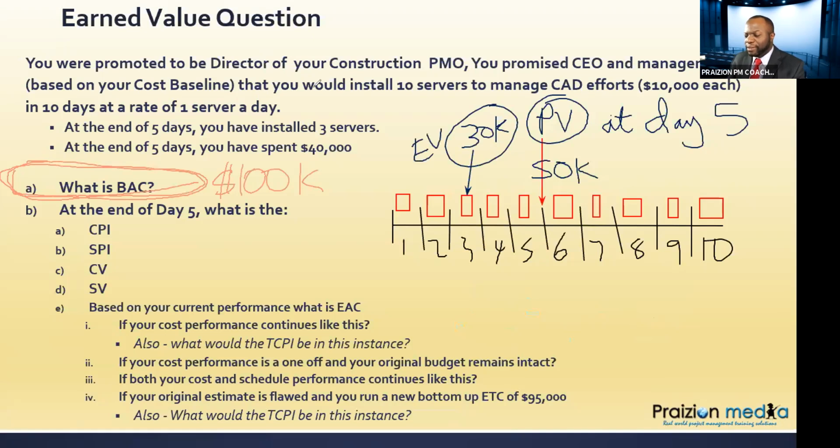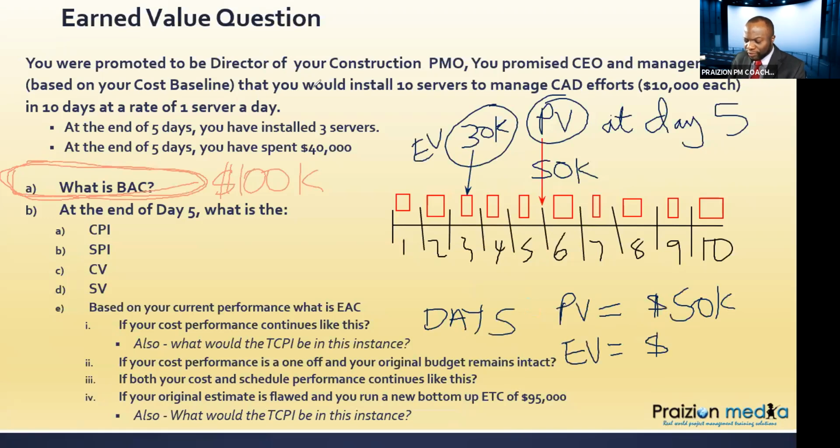So we can deduce that on day 5, the planned value is 50K, and the earned value, the amount that we've earned because we've only done 3, it's really 10K for each server times 3. And that's how we got the 30K. Does that make sense? Or should I review that again? Does it make sense? Okay.